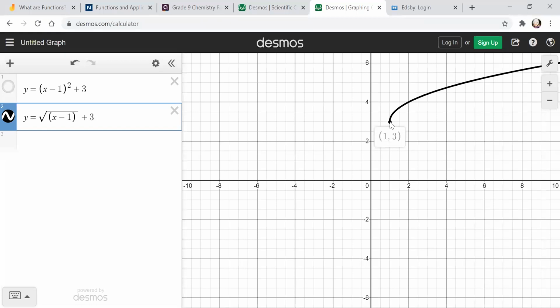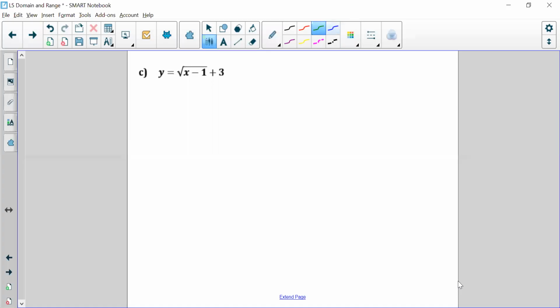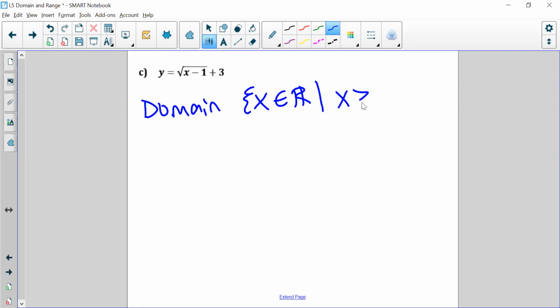Can everyone see that? So I'm going to put in my notes, domain is a subset of all real numbers. And Lauren said x is greater than and also equal to, it does exist at 1, and it's everything greater than 1.